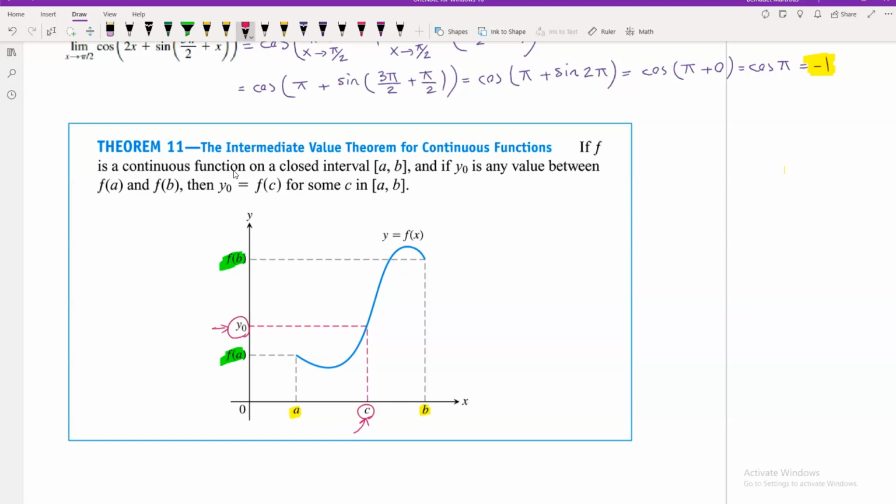So when x is equal to c, f of x is equal to f of c. In this case, we used y naught for f of c on the y-axis.